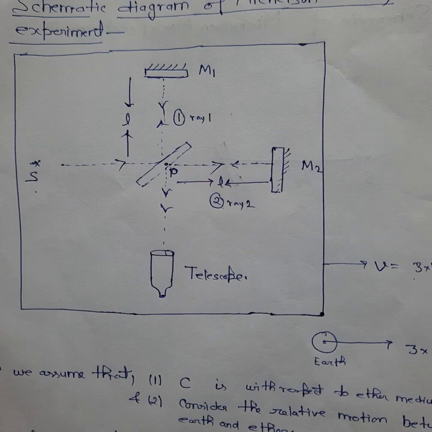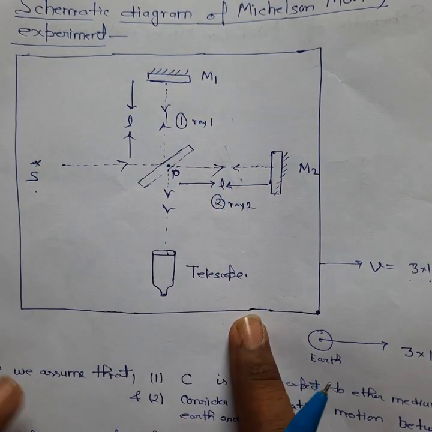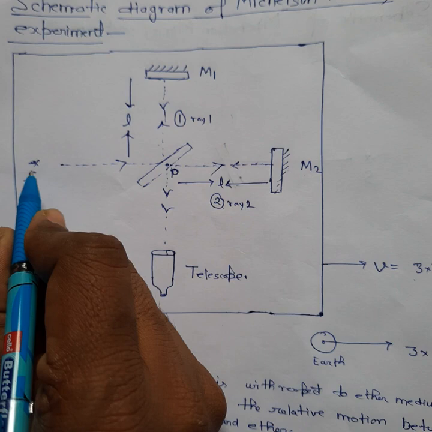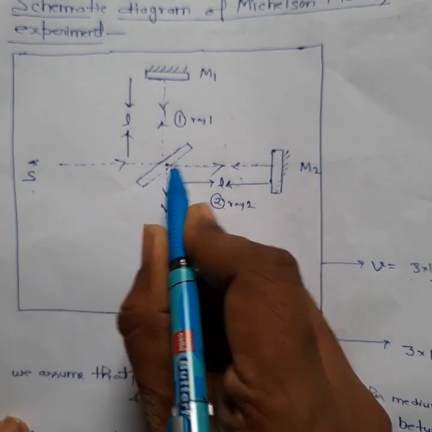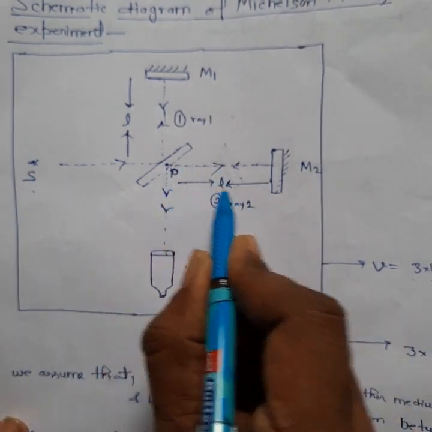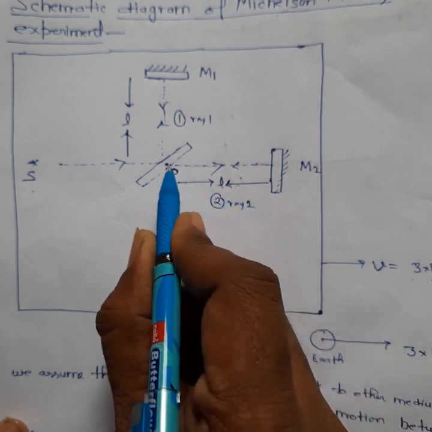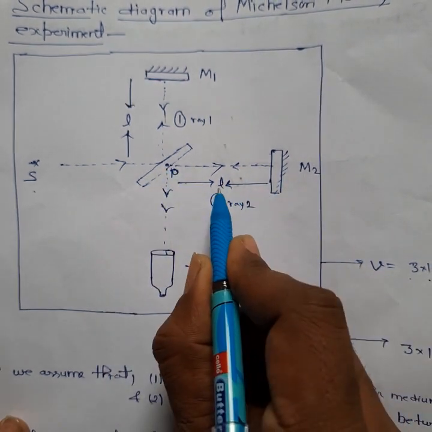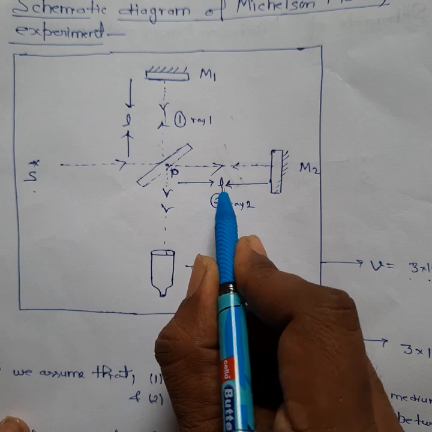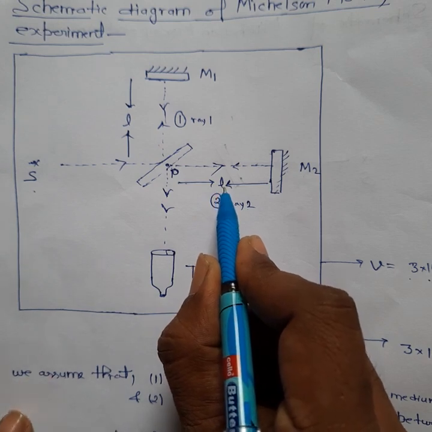If you look back to the experimental setup, S is the source, P is the beam splitter, and this is the path of ray 2. The distance between point P and M2 was considered as L, and at that time it was considered constant.